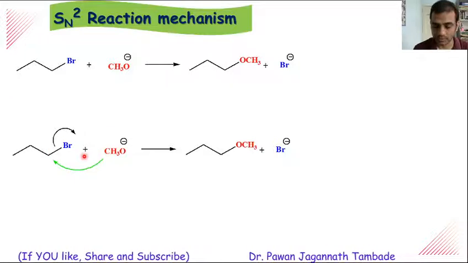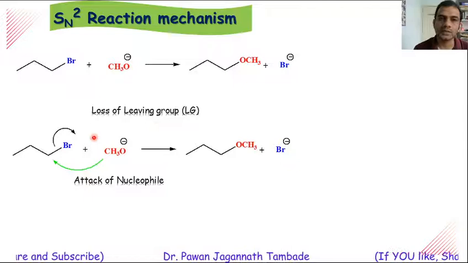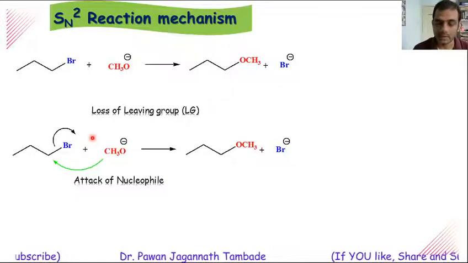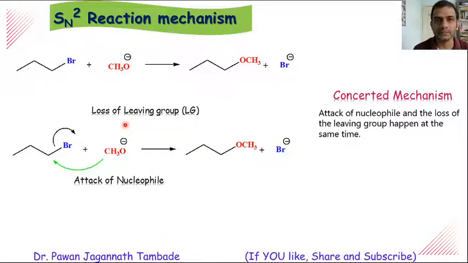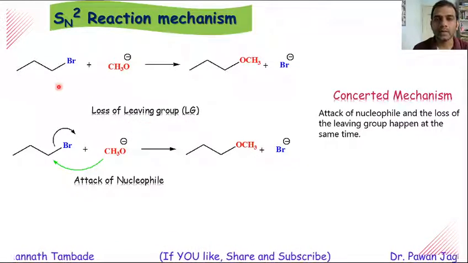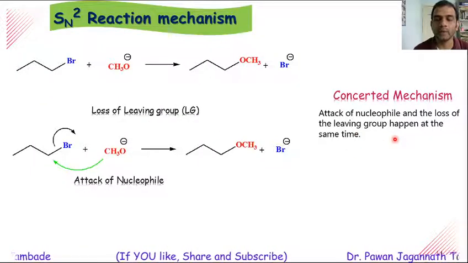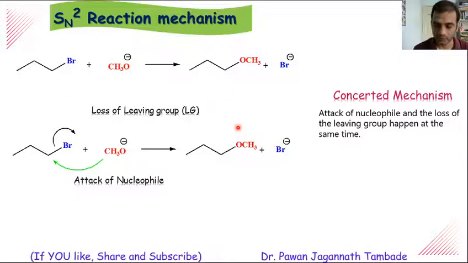Both of these steps, that is attack of nucleophile and loss of leaving group, occur at the same time, and such mechanisms are called as concerted mechanism. Okay, so please remember that attack of nucleophile and the loss of leaving group happens at the same time in SN2 type of reactions.